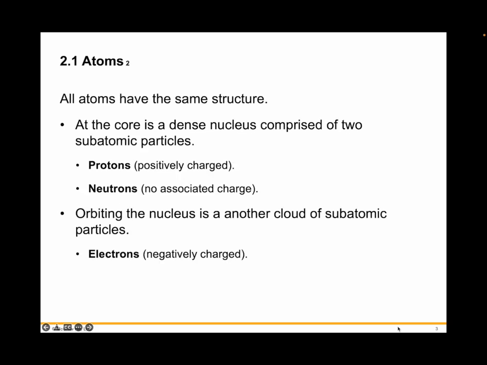Every atom has the same basic structure that you see in figure 2.2. If you look at figure 2.2 on page 36 at the bottom left, you will see what I see. So at the center of every atom is a small, very dense nucleus formed of two types of subatomic particles, protons and neutrons. Whizzing around the nucleus is an orbiting cloud of a third kind of subatomic particle, the electron.